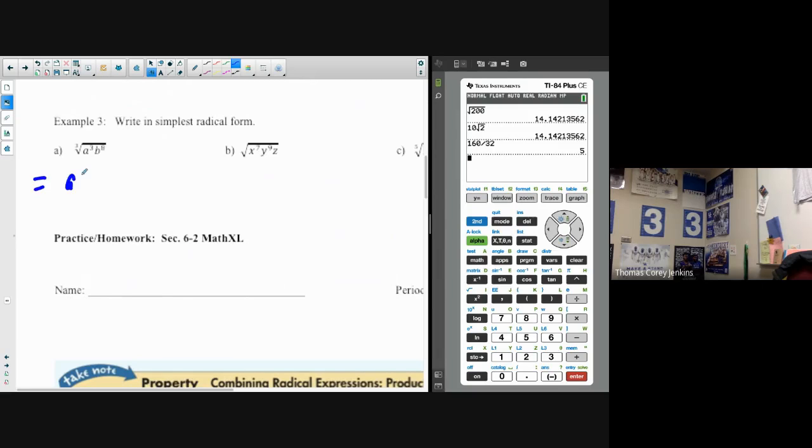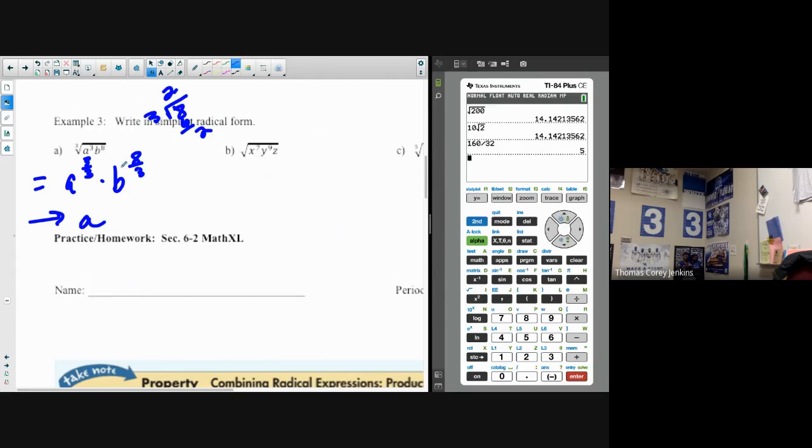So here we have a to the 3 over 3 times b to the 8 over 3. Then we think about 3 going into 8. It goes in twice with 2 left over. So here's how that shows up in our final answer. 3 over 3 is 1, so a to the 3rd is a perfect cube, so that's just outside the radical.